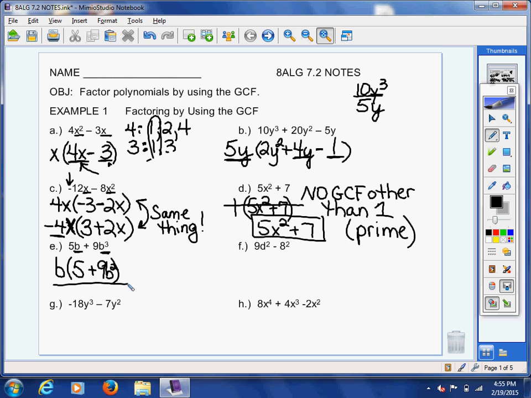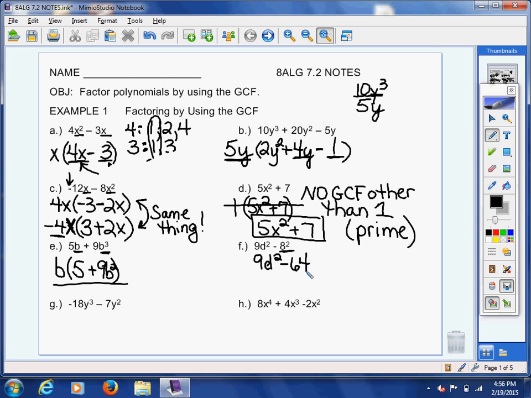Letter F, I would go ahead and change that to 64. Go ahead and make that a little bit easier. Now we are looking for the GCF for 9 and 64. I don't personally see one. I don't see a greatest common factor for those two numbers. 9 doesn't go into 64, and it looks like the GCF is a 1.